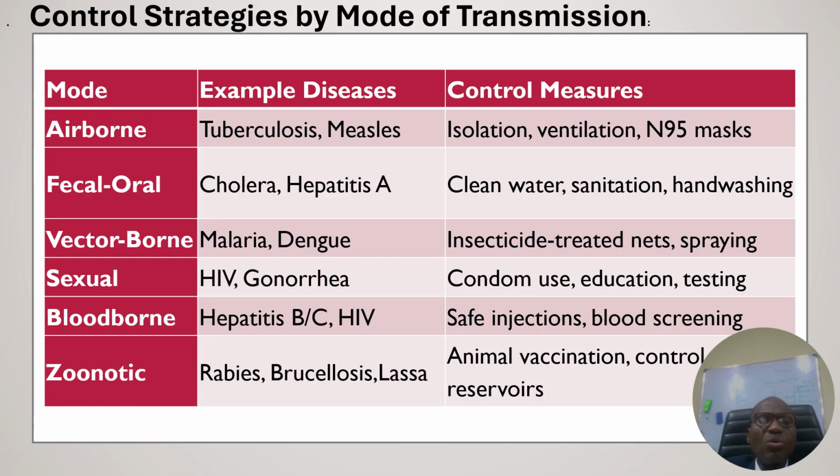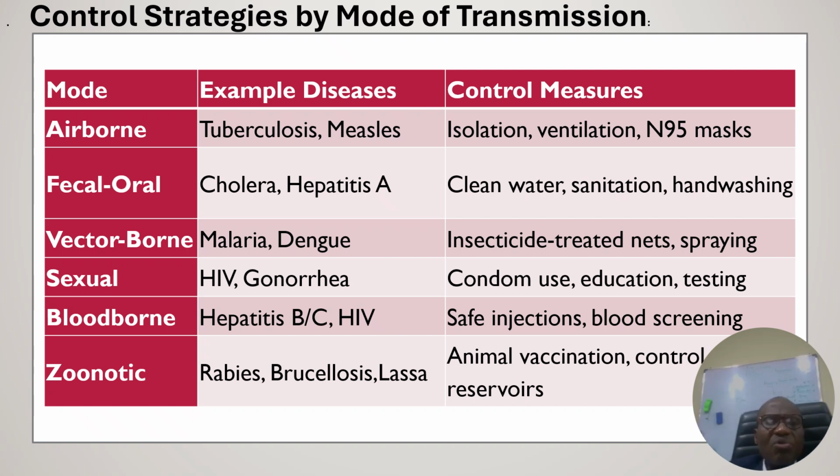Diseases can also be controlled by looking at the mode of transmission, as you can see in this table. For airborne diseases, those transmitted through the air, like tuberculosis and measles, they can be controlled by isolating individuals and by providing a quality face mask like N95.